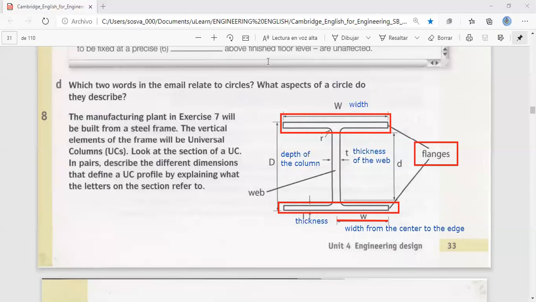And the small d refers also to the depth, but not of the column. Of what? What's the name of this piece? Now it is the web. The web, yes. It's like the outside web and the inner web.